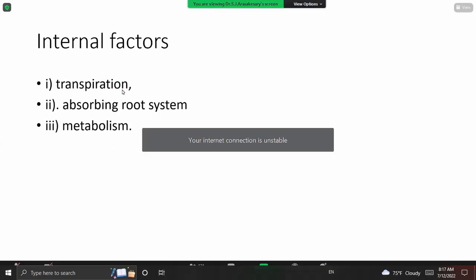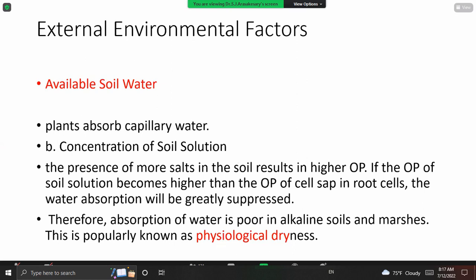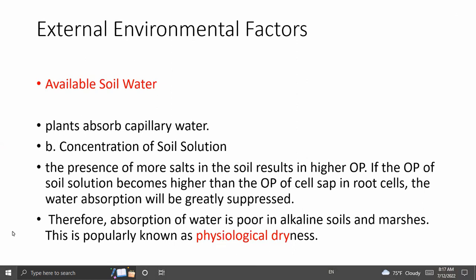Now the external factor, available soil water. What happens if the soil water is more available in the capillary force, with ample water there? Then the soil will touch the root hair. Generally there is an osmotic potential difference between the soil and the root hair, so water enters.